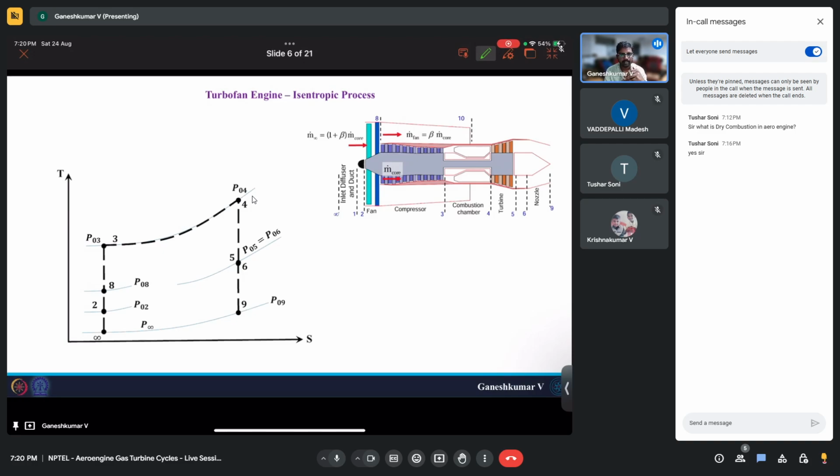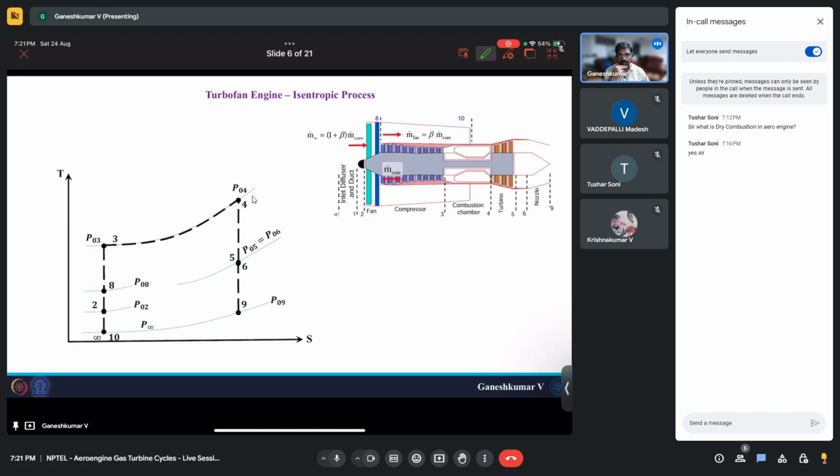But if you're flying, the air enters at, let's say, Mach number 0.8 or 0.9. So there will be a pressure rise as it enters the diffuser. So that is the reason you will have a pressure rise from infinity to 2, and hence it will be in the flight condition.